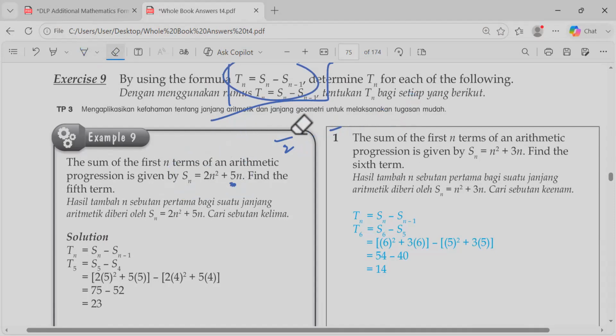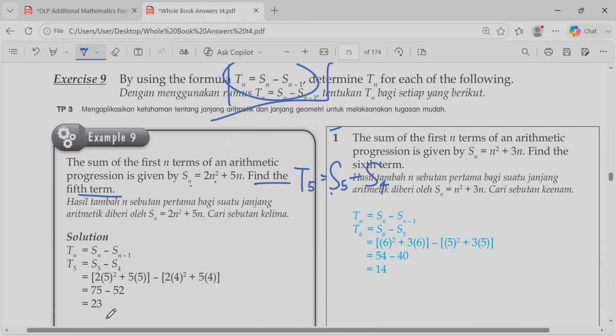So what you have to do, you just substitute, find the fifth term. You just substitute the 5 and the 4 into the n. So you substitute 5, minus the substitute for the 4.